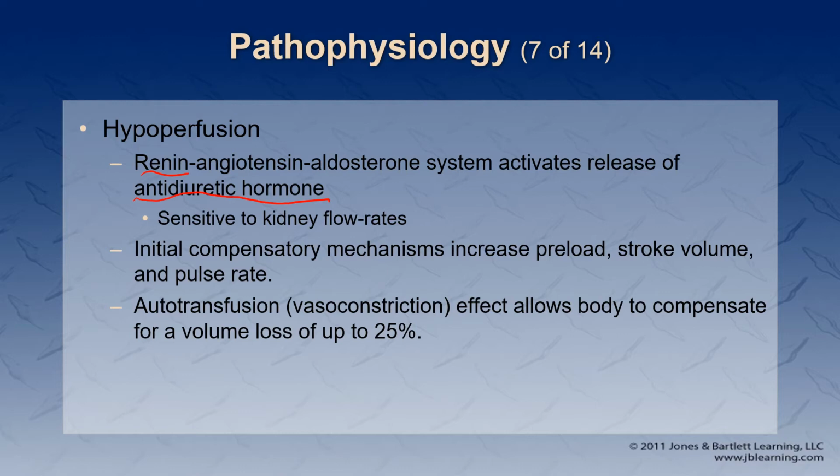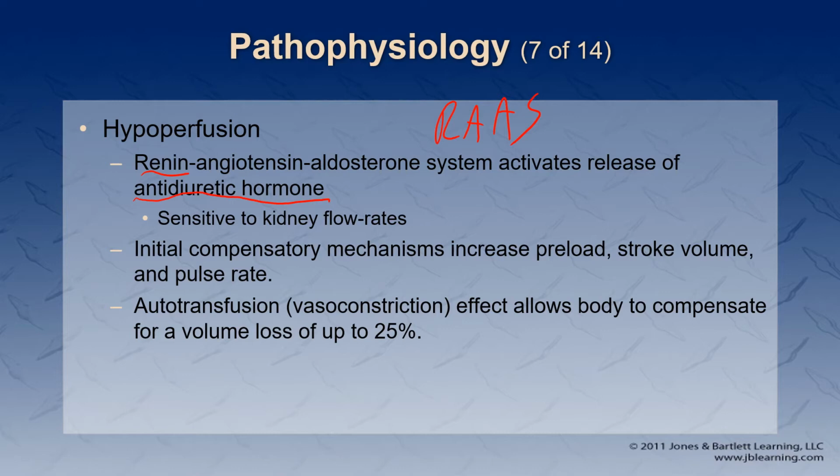So an antidiuretic is something that causes people to retain fluid in the vascular space. So that's one of the body's other compensation mechanisms, to trigger the renin, angiotensin, aldosterone system. You'll sometimes see that abbreviated as the RAS, which results in increased vasopressin that causes the body to retain water.